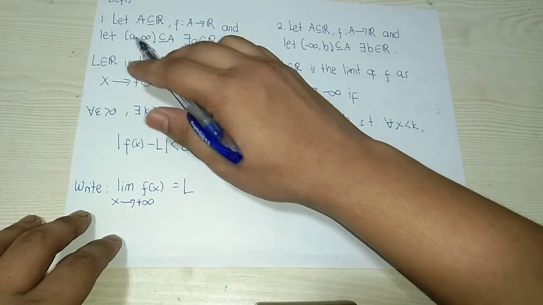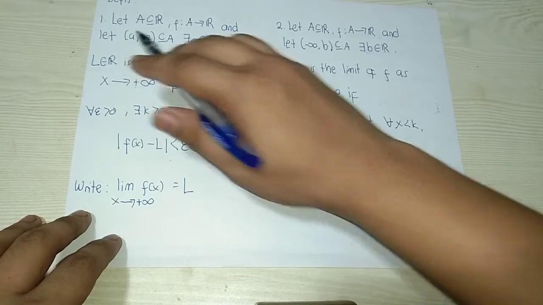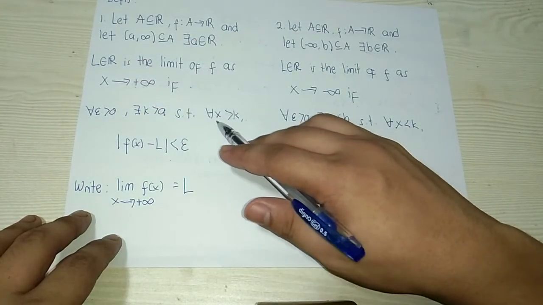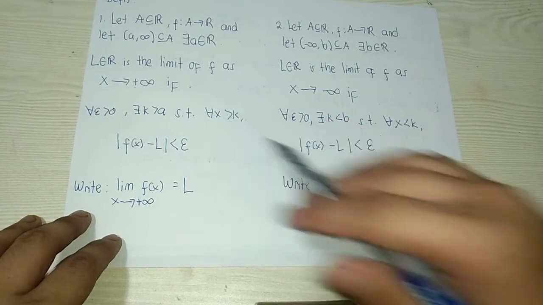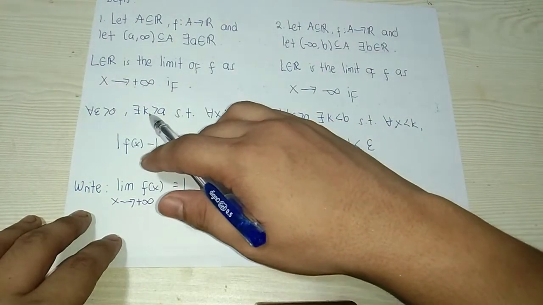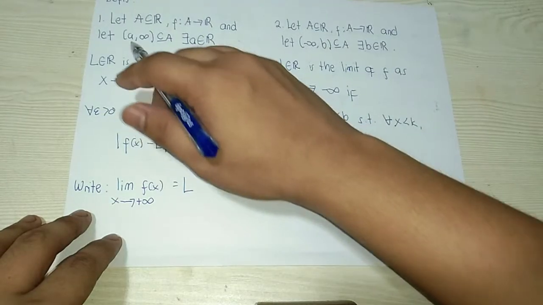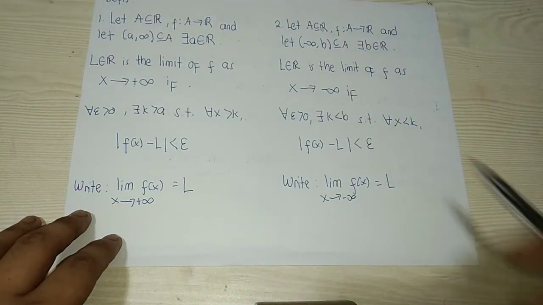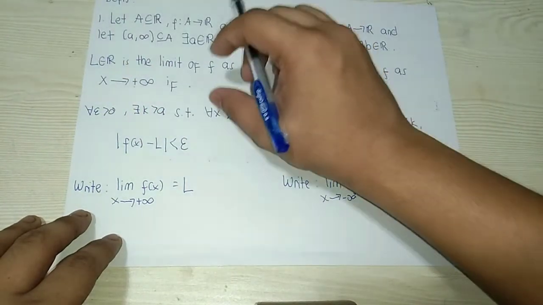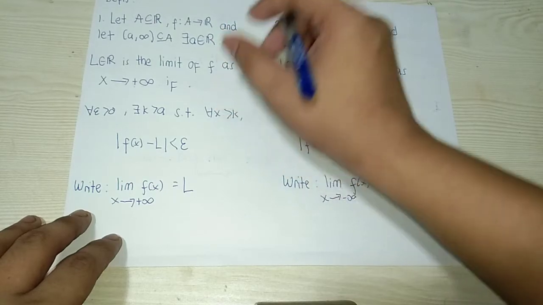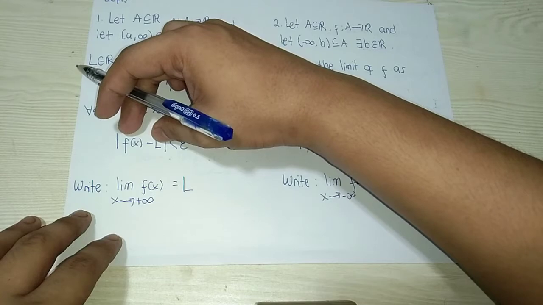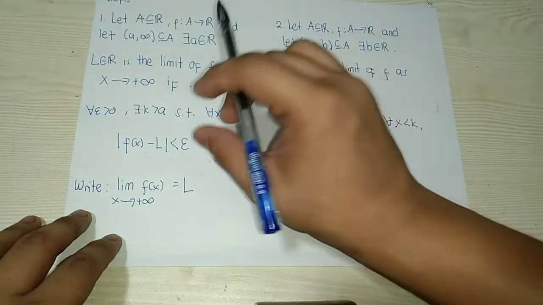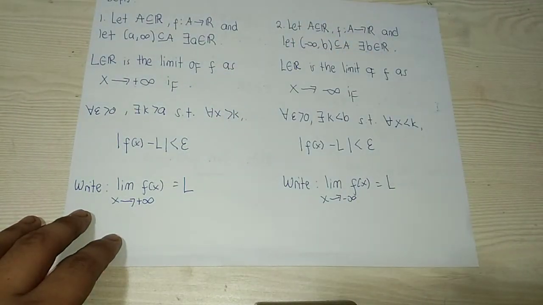Take note that a is this, such that for all x greater than k, where that k is greater than a, the distance between f of x and L is less than epsilon. Okay?